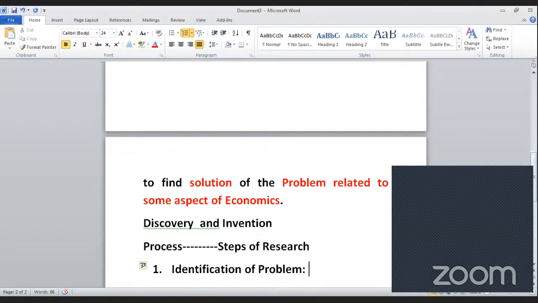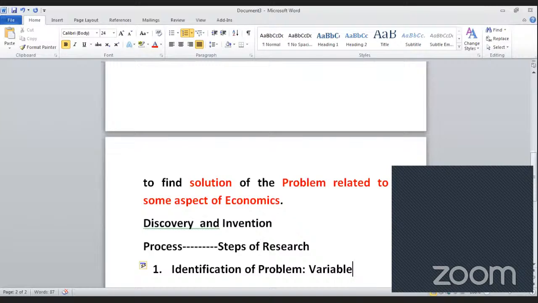So you are identifying the problems, and from those problems, you are selecting a problem for your research. So when you want to do this step number 1, you must have variable. Each research must have minimum 1 variable. So when you are selecting, you are really selecting the variable, minimum 1 variable.